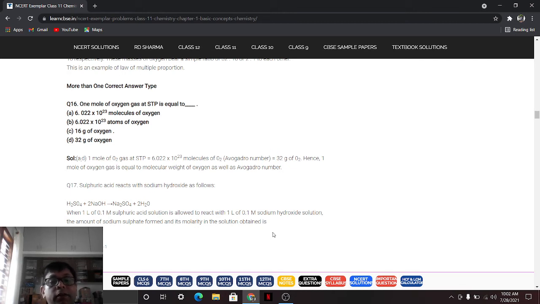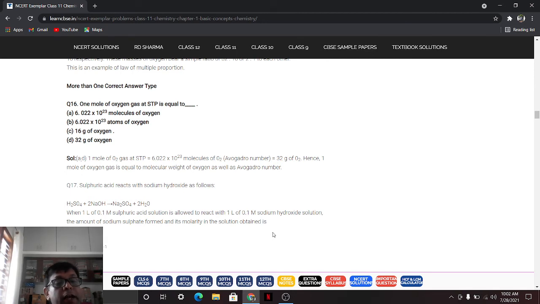It is 100% correct. It is Avogadro number. Hence 32 gram of oxygen. One mole of oxygen gas is equal to 32 gram, the molecular weight of oxygen, as well as the Avogadro number. That option is correct. Therefore, both A and D are correct.